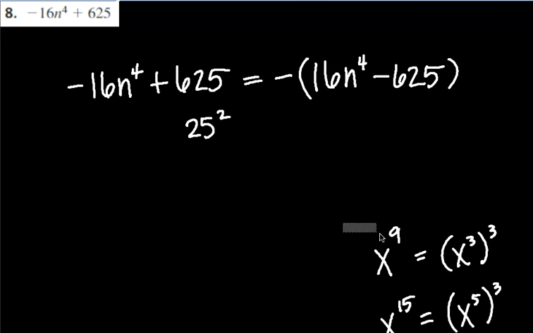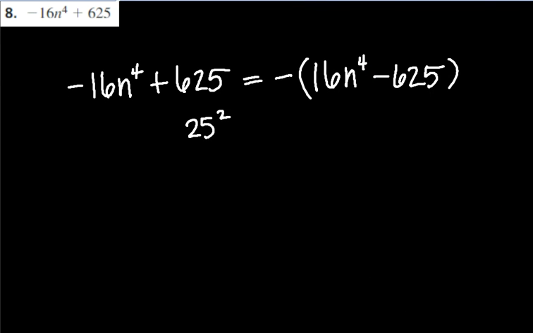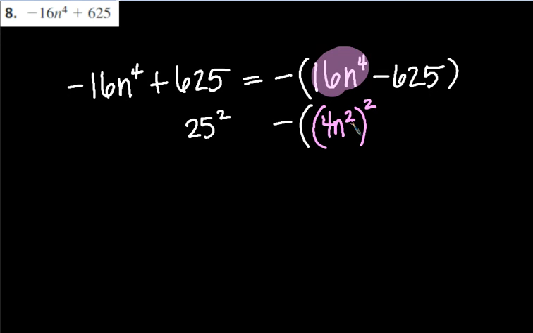All right, since we have that established, I'm going to keep my negative, and I'm going to rewrite this as a square. So 16n to the 4th is the same as the square of what? 4n squared. 4n squared.